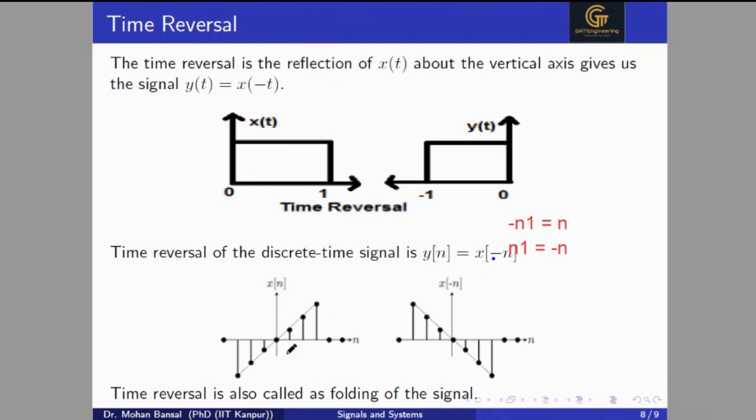Whatever value we have at n equal to 3, we get the same value at n1 equal to minus 3. Whatever value we have at n equal to minus 3, we get the same value at n equal to 3. So it is just folding, a mirror image of the signal across the y-axis.